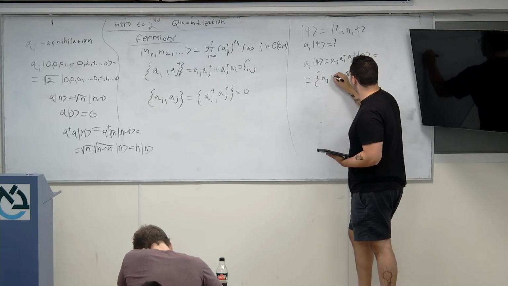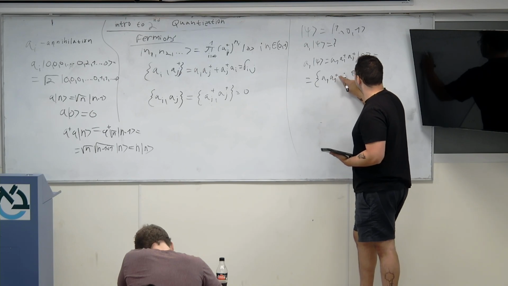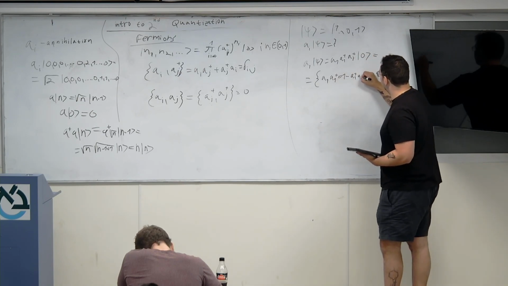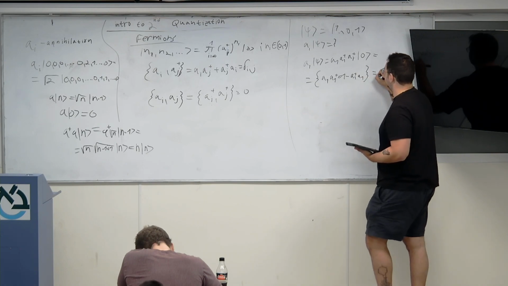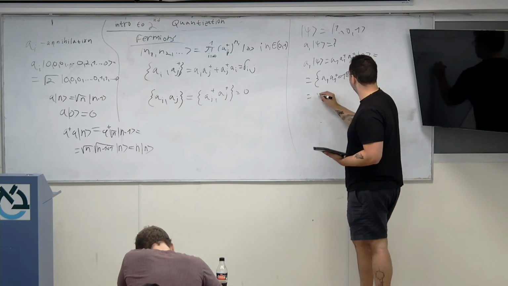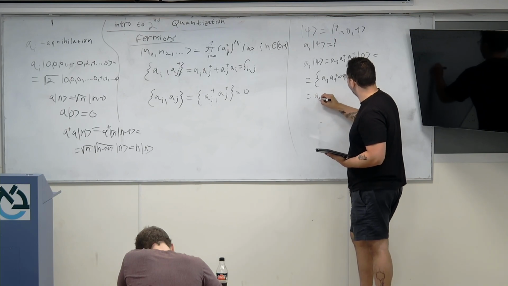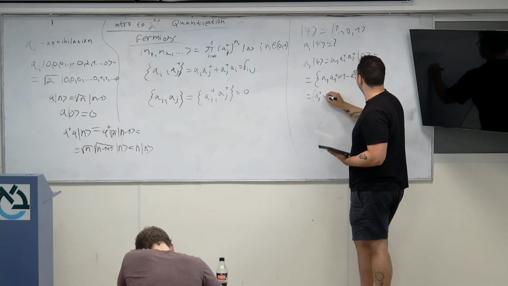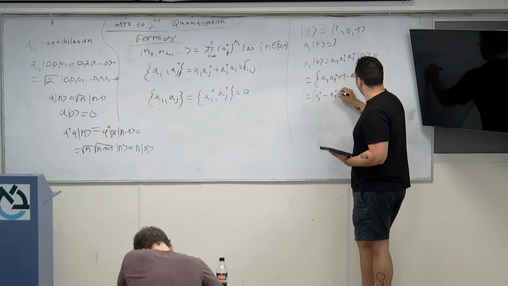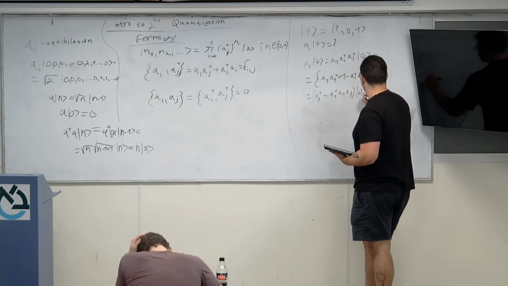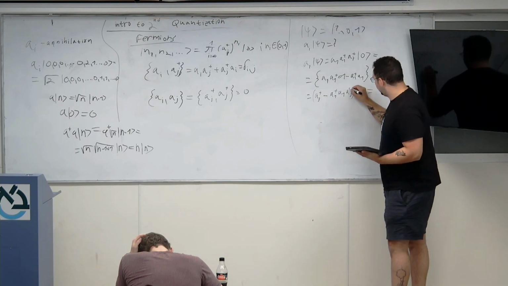So A1 A1† equals 1 minus A1† A1, which gives A3† minus A1† A1 A3† on 0.